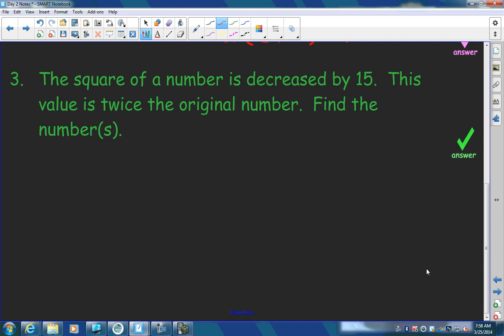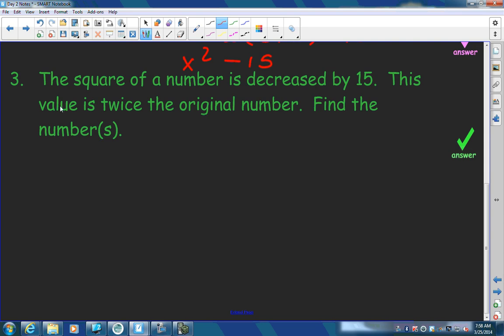This one says the square of a number is decreased by 15. All right. The square of a number. So x squared is decreased by 15.